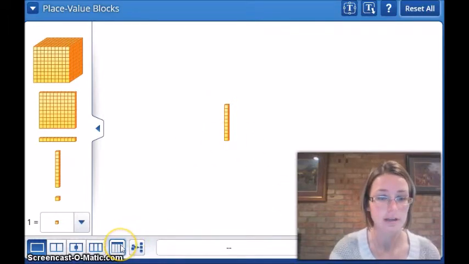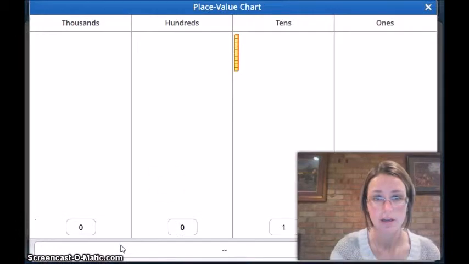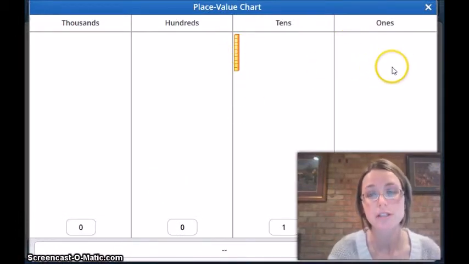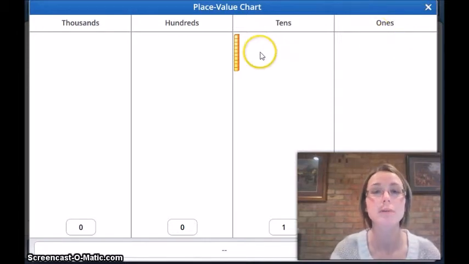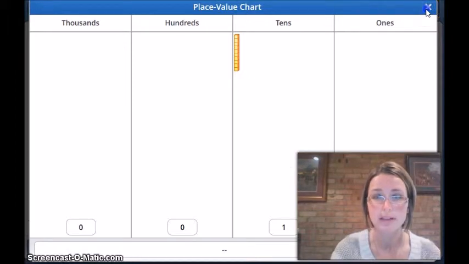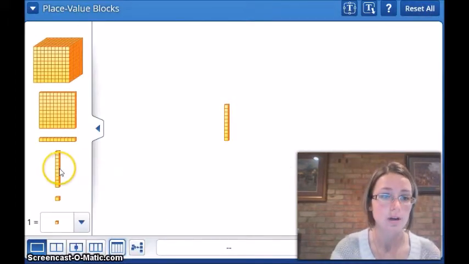And let's put it in the place value so you can see. So if we have 10 units, we can't put 2 digits in one spot. We would have to bring over our 1, which is our 10 stick, bring it down here, and then there would be 0 ones. So that would be 10. Okay, let's exit out. Let's add 3 more 10 sticks.